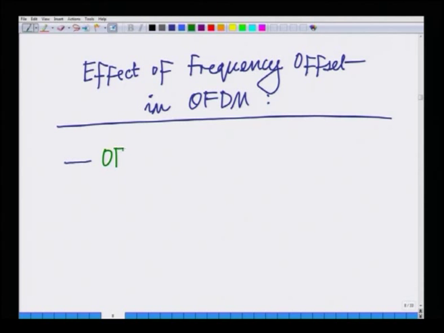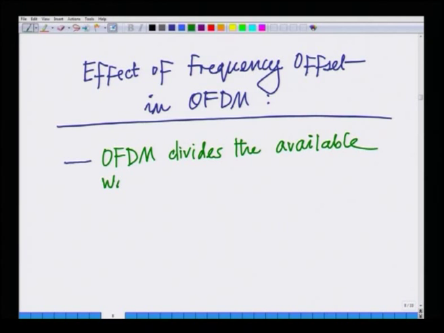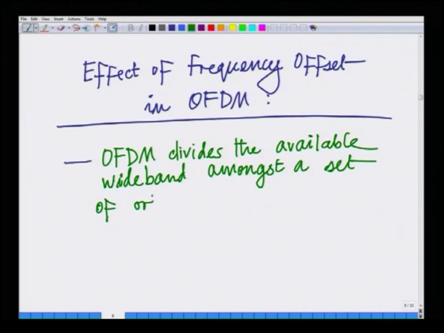So, OFDM divides the available wide band amongst a set of orthogonal overlapping subcarriers.